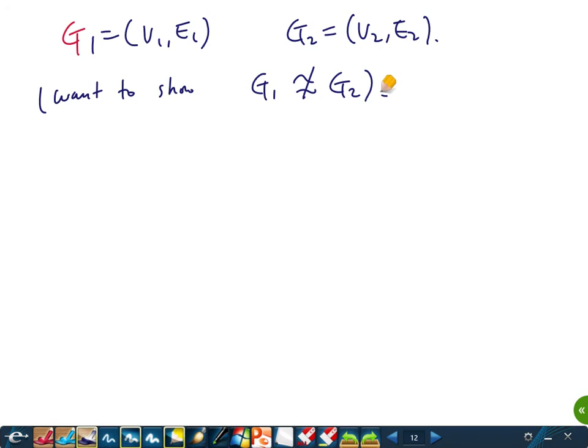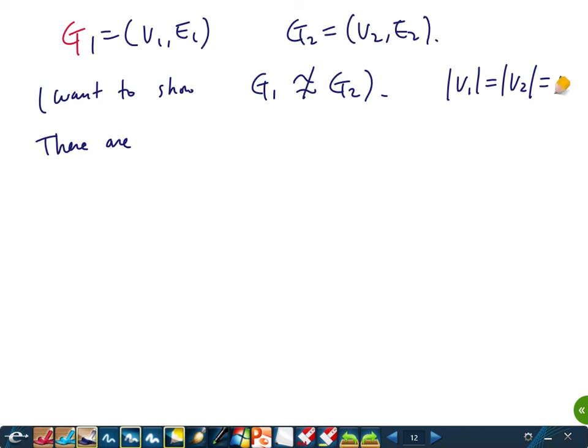But the most simple-minded proof will be the following. First of all, if there are 5 vertices in one vertex set and 7 vertices in the other, they cannot be isomorphic because you cannot find a bijection from a 5-vertex set to a 7-vertex set.